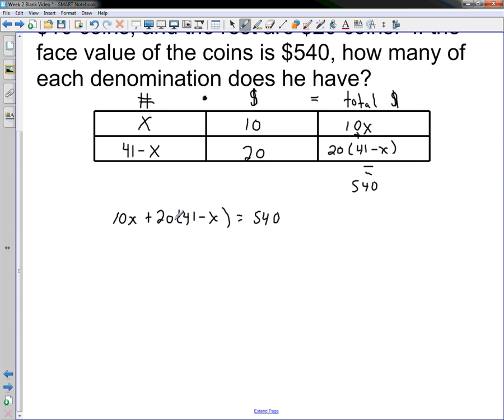And now we go ahead and solve. So we get 10x plus 20 times 41 is 820, minus 20x equals 540. Combine your like terms. 10x minus 20x gives me negative 10x plus 820 equals 540.